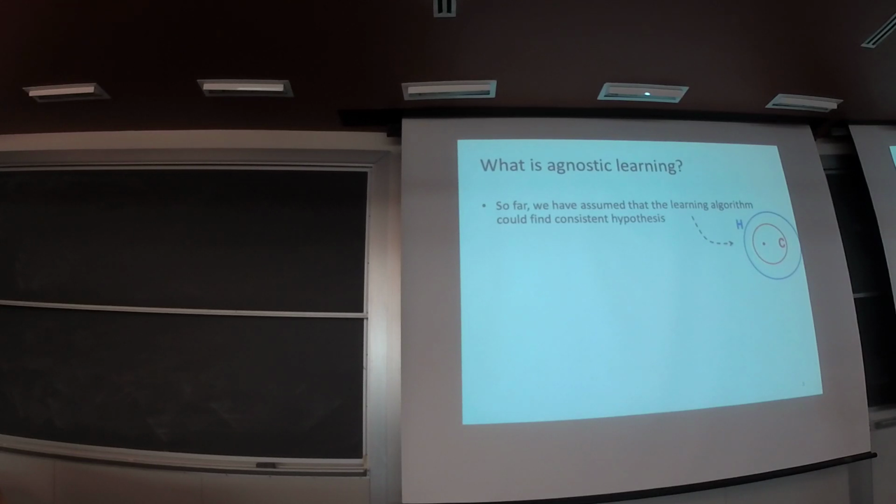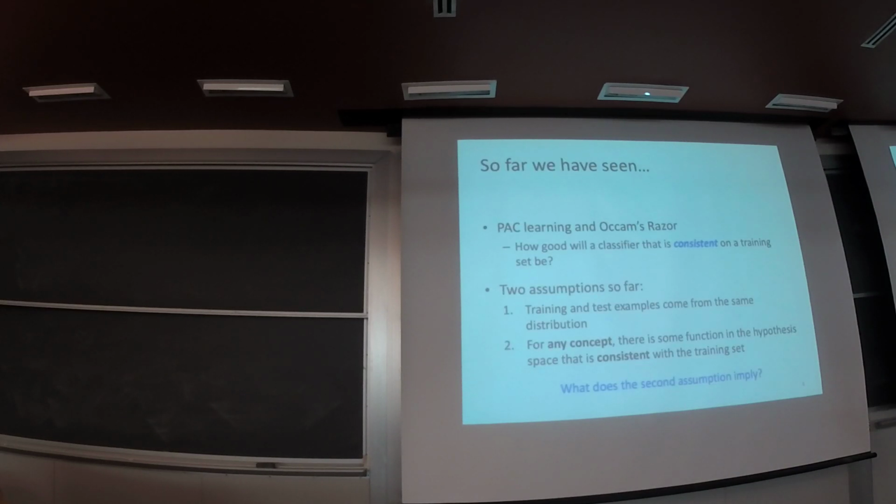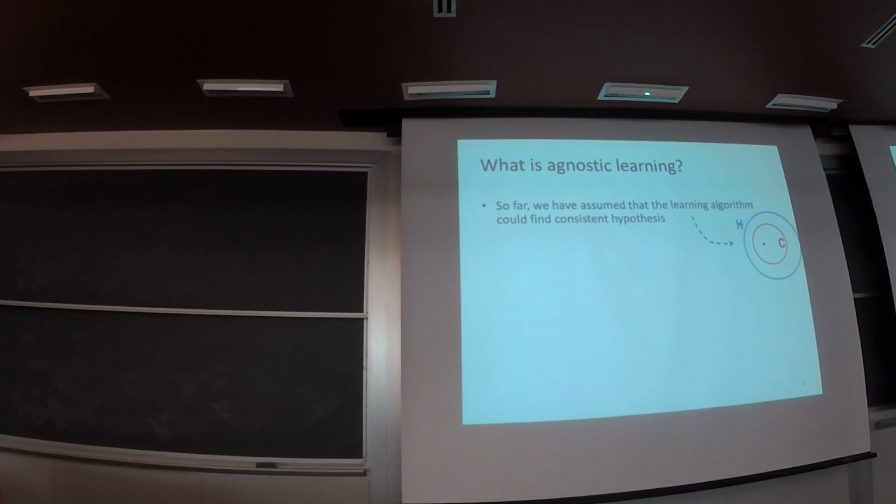Everyone feels good, right? So obviously, this is not very practical. This is a very aggressive assumption. And I remember someone asked in class whether this assumption is realistic. In practice, we usually are never able to ensure this. Why? Because we do not even know what family of target functions we are looking for.